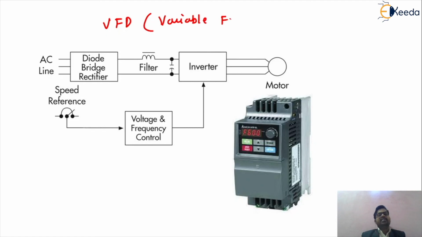And friends, nowadays in any type of industry this is very popular, because near about 80% of motors in industry are induction motors, and for the controlling of that induction motor we are preferring this type of drive, called the variable frequency drive.